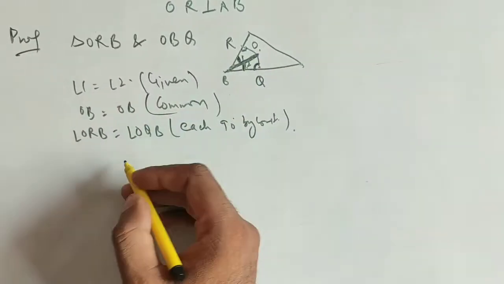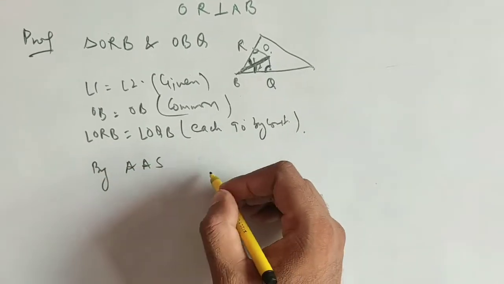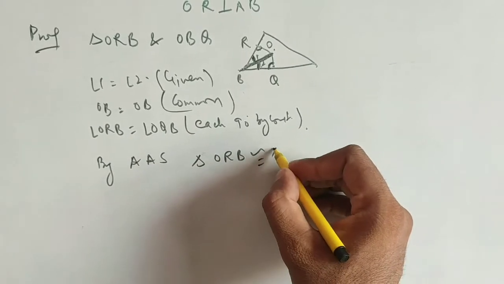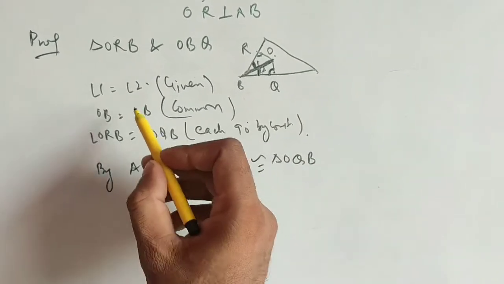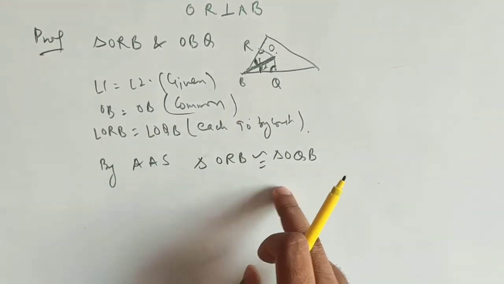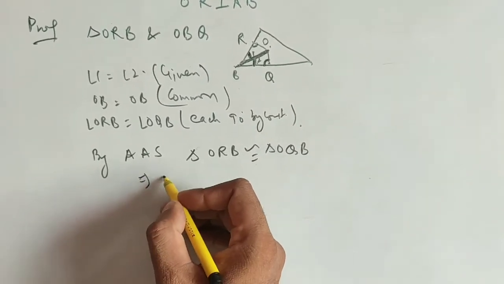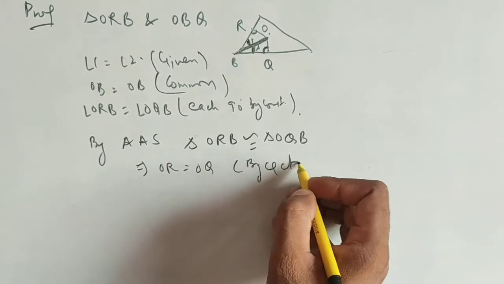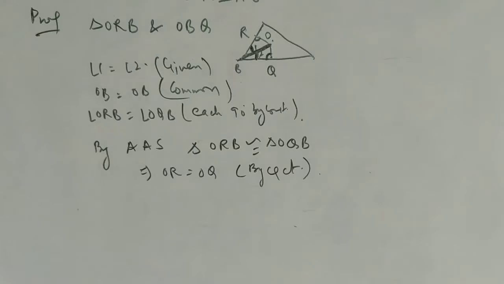So we can say that by angle side angle, triangle ORB is congruent to triangle OQB. Verify this from here also. Okay, only then this relation will be correct if all these three things are followed. Now these are congruent. So from this we can say that OR can be written equal to OQ by CPCT, congruent parts of congruent triangles, so they will be equal.